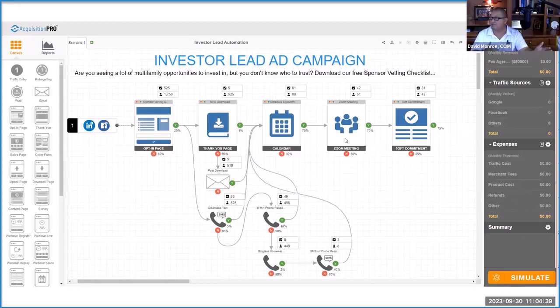You want to invest, but you don't know who to invest with. Not what deal to invest in, but who to invest with. Here's our sponsor vetting checklist. This does not violate any ad networks' advertising policies, and it does not violate SEC regulations.